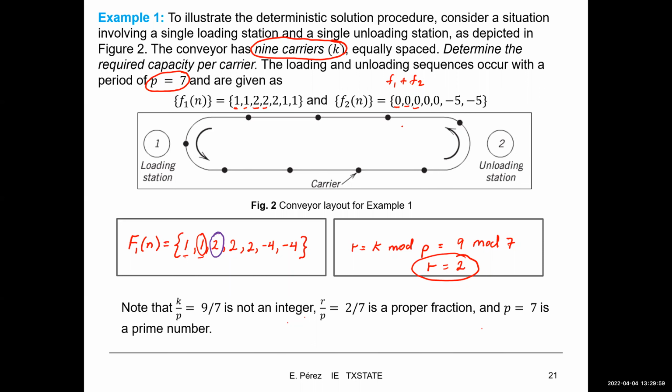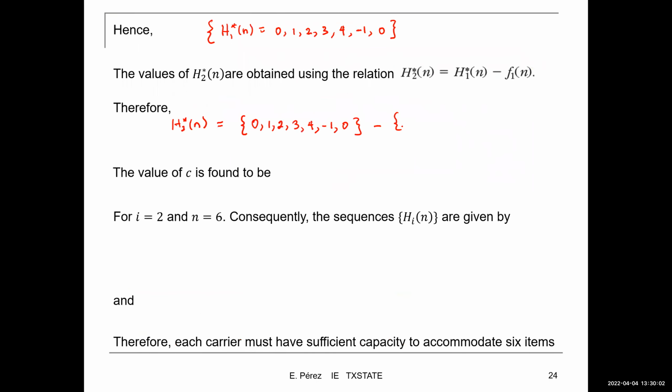That's what I'm going to subtract now. So this is minus 1, 1, 2, 2, 2, 1, and 1.